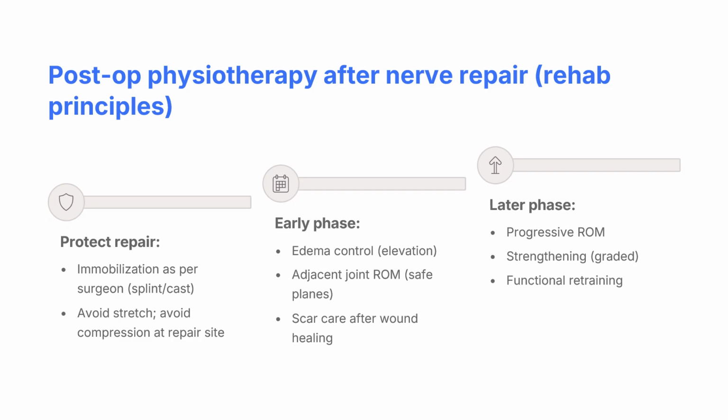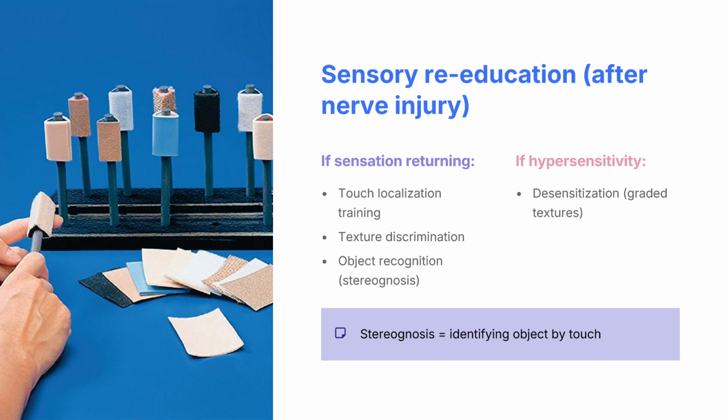So let's see the sensory aspect. As the sensation returns, sensory re-education will include touch localization, that means we will train the patient to say where I touched, with cotton wool or any other object. Texture discrimination, rough surface and smooth surface. Stereognosis.